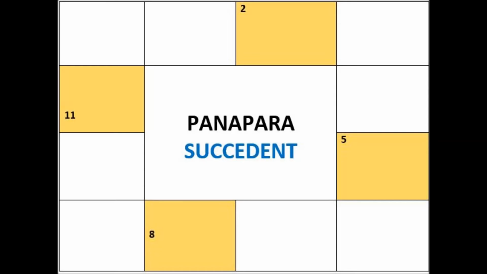For Panapara, which are the 2, 5, 8, and 11 houses, these are the houses of the succeedant, the houses which show us the amount of things that we collect, the assets that we collect, how well we are collaborating with things and people around us, and also how long things are going to last, the duration or length of consolidation or preservation.